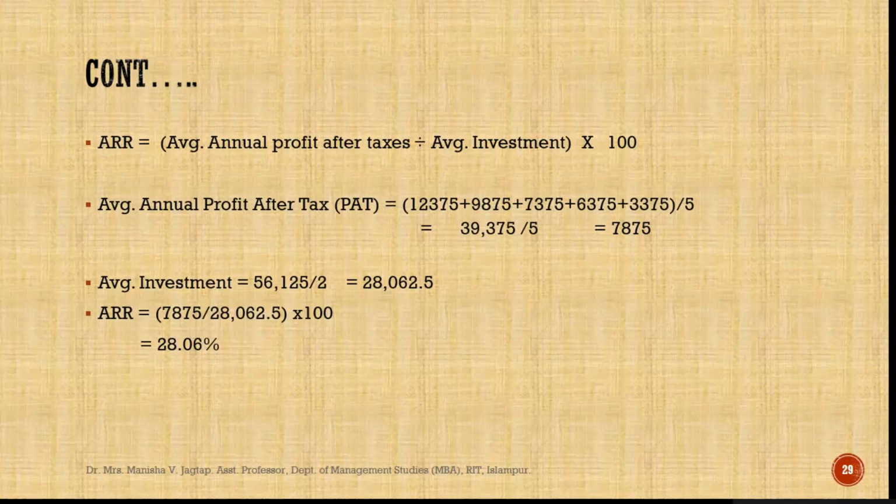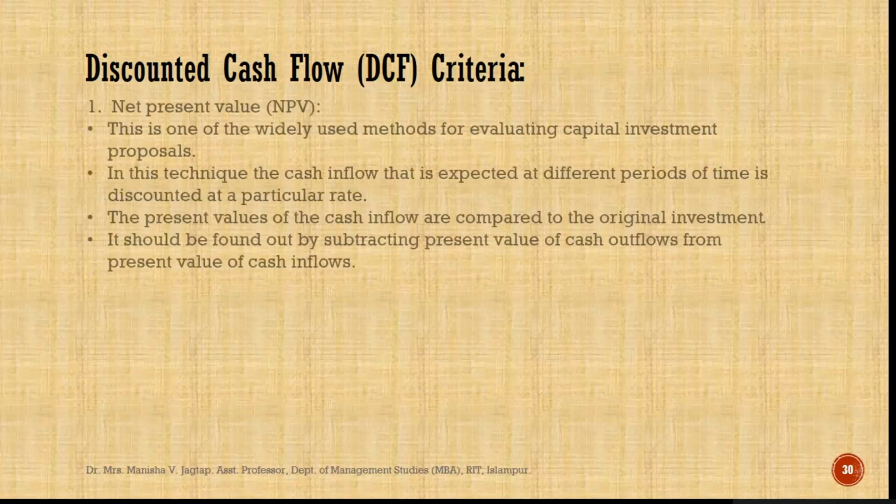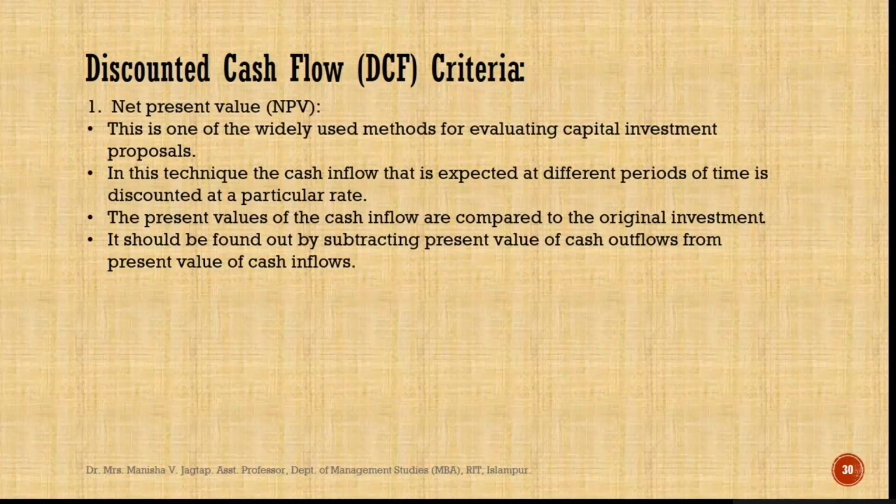Now, let us move ahead. Next is discounted cash flow criteria. Under that, first is net present value method. This is one of the widely used methods for evaluating capital investment proposals.